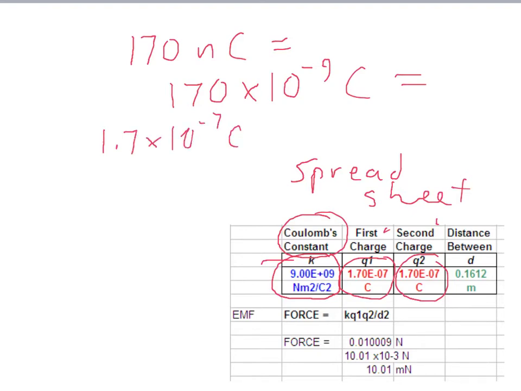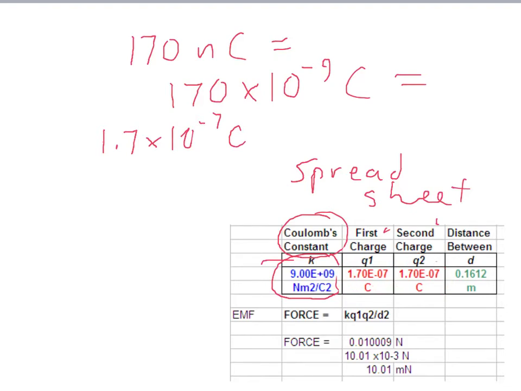And that's something we did in our scientific notation work. Our spreadsheet will do that automatically. So if I enter the value down here in the spreadsheet, 170 e minus 9, it'll correct it and make it 1.70 e to the minus 7th, and it'll do that work for me. So there's my first charge, and here's my second charge, and they're the same.